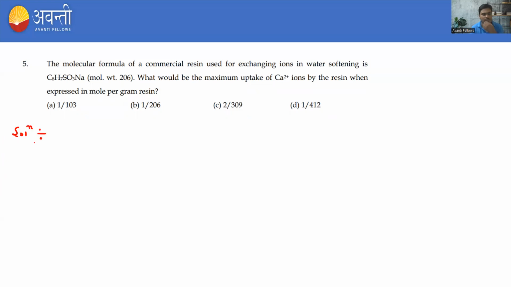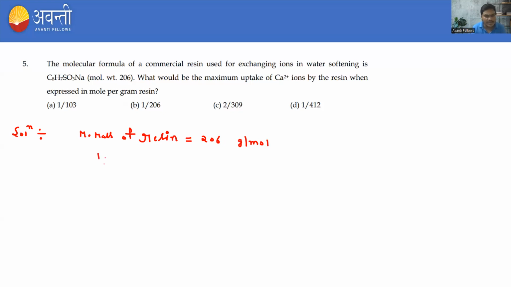We know that the molecular weight of the resin is given. The molecular mass of the resin is given, how much? That is 206 gram per mole.